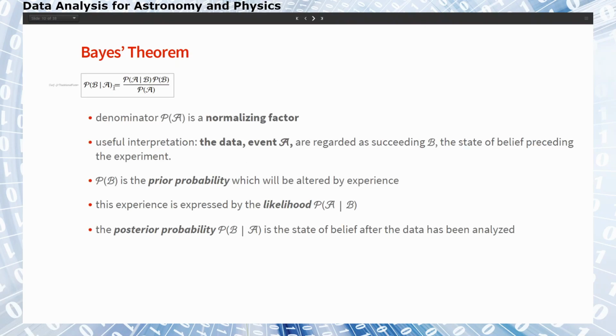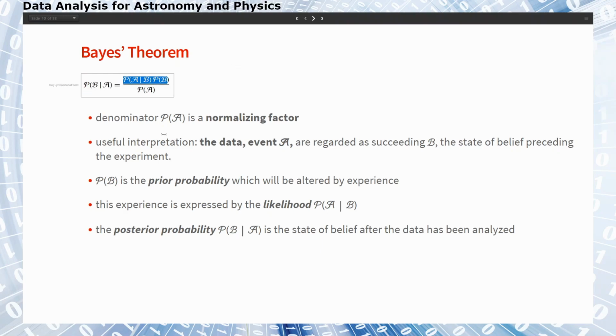The individual terms here have common names. The denominator P(A) is a normalizing factor to make sure that the product of P(A given B) and P(B) over all the possible outcomes is normalized to unity.